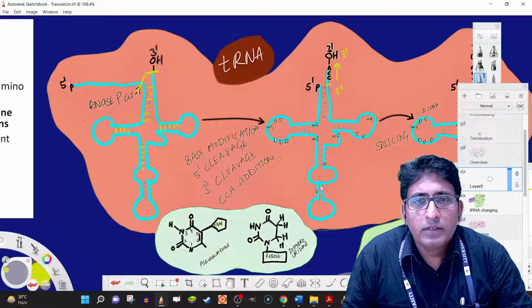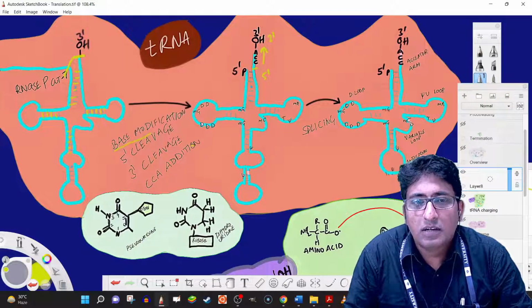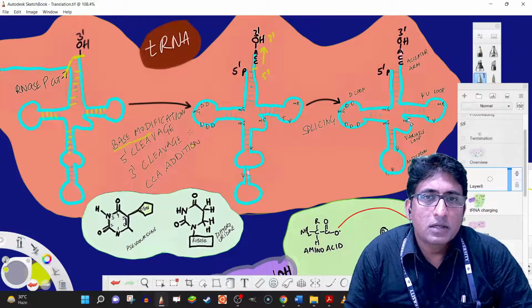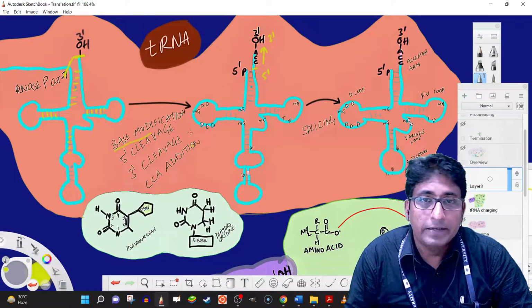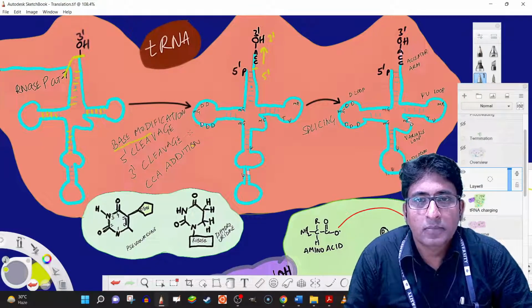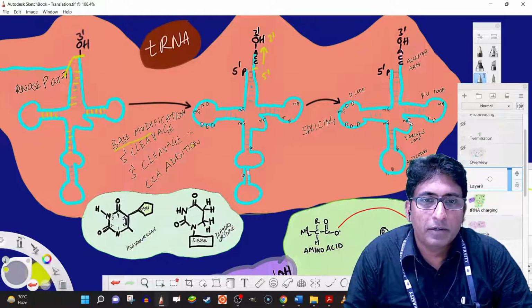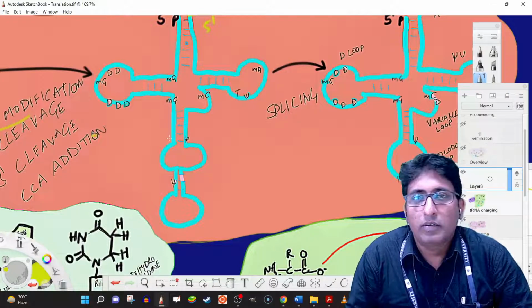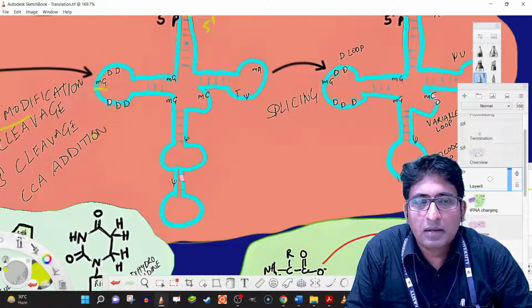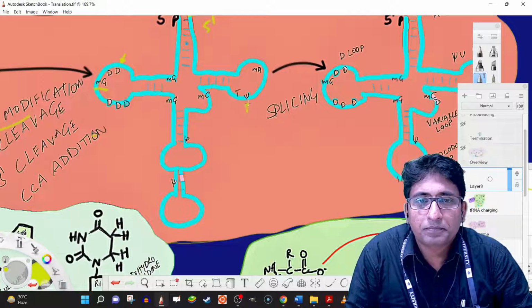And there is one more event, which is that the bases present in the tRNA are modified. The normal bases are G, A, U, C, like DNA, except for the thymine and uracil difference. But once the transcription is done, many of the bases of these tRNAs are modified, by addition of methyl groups or rearrangement, something like methylguanine. D here stands for dihydrouridine, and psi stands for pseudouridine.